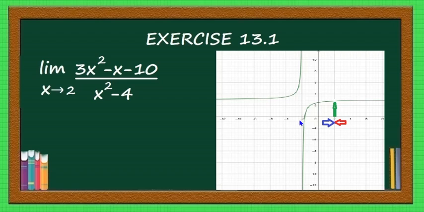And at this point the limit does not exist. At x equal to minus 2 the limit does not exist, whereas at x equal to 2 the limit exists, even though the function is not defined. At x equal to 2 the limit of the function exists, and this problem will give the clear picture of the limit of a function.